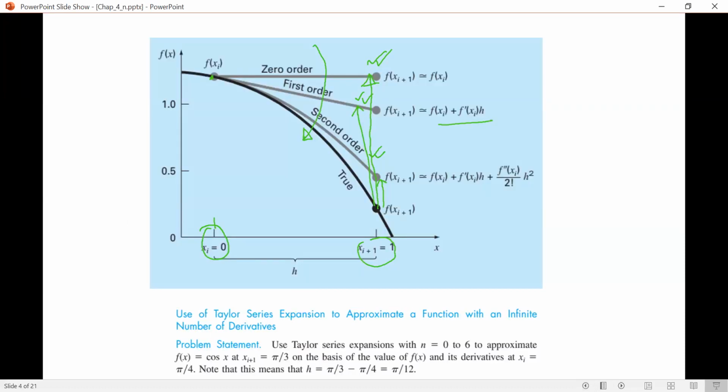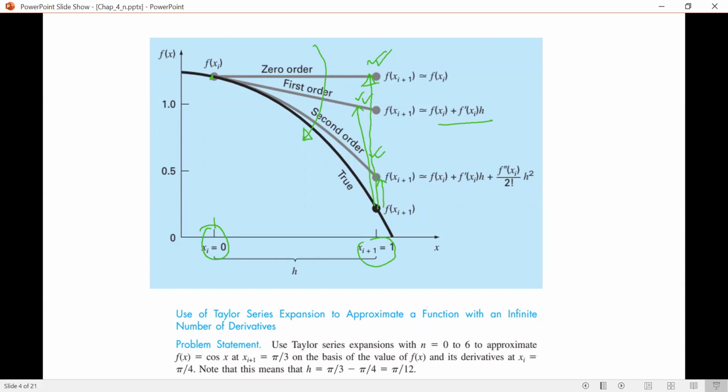For example, we have a function that we need to approximate that has infinite derivatives, like the cosine function and sine function. Then how do we know whether this approximation will work there or not? Okay, this example is say cos x.